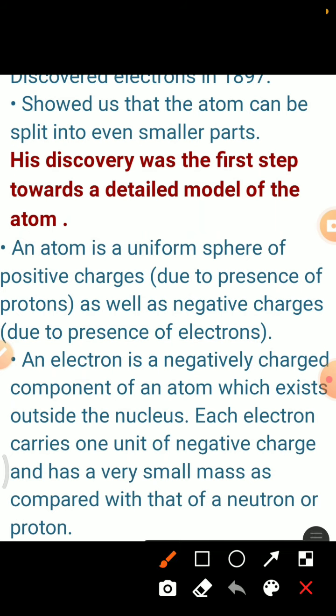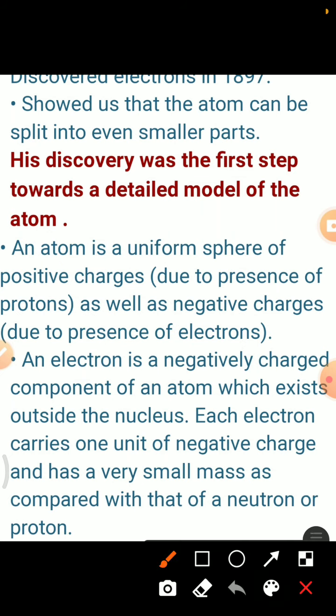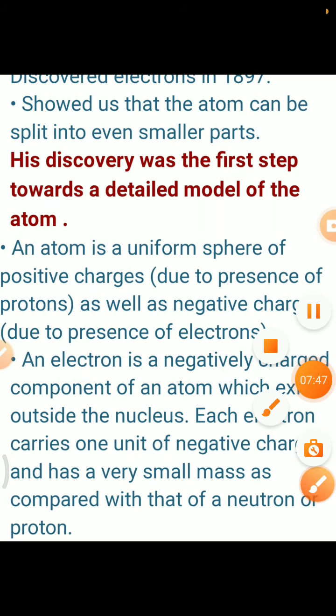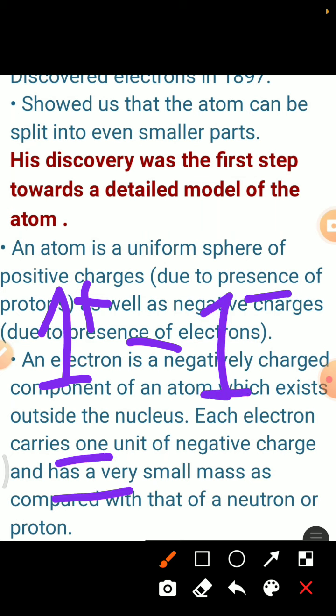As we have learned in previous classes, plus and minus give us a neutral result. So P plus, E minus: 1 plus, minus 1, which gives us 0.